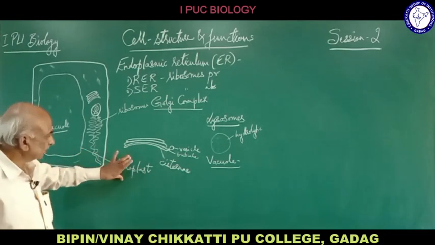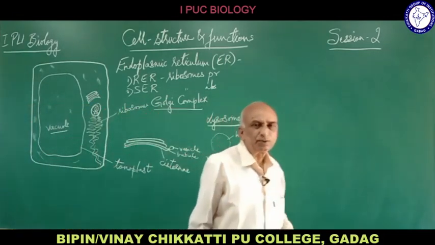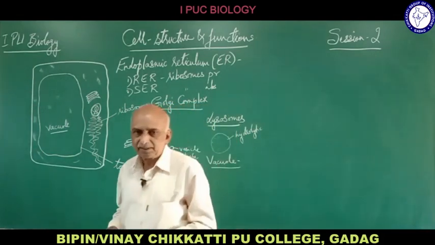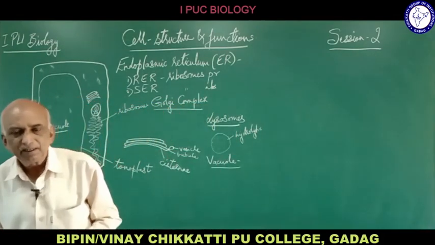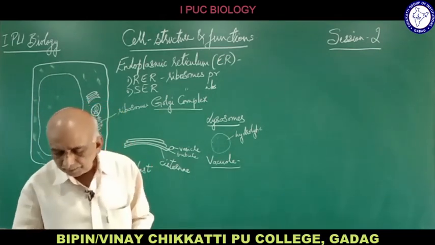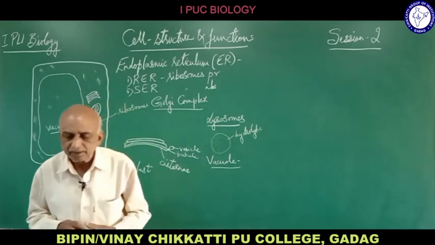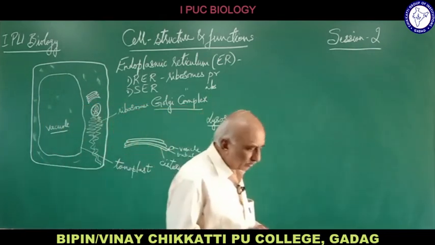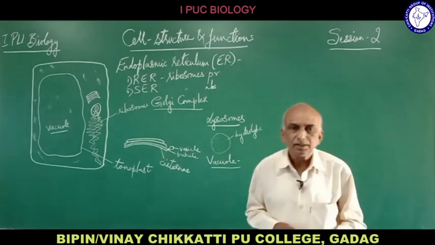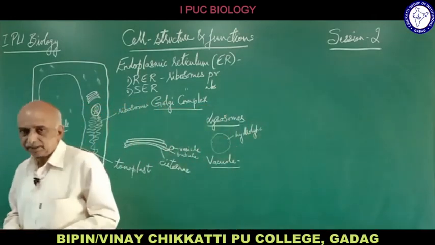That is the function of the tonoplast. The function of the vacuole is that it stores various materials. It may be food material in the form of starch, or any other materials, and these vacuoles also store certain carbohydrates and certain inorganic and organic nutrients.